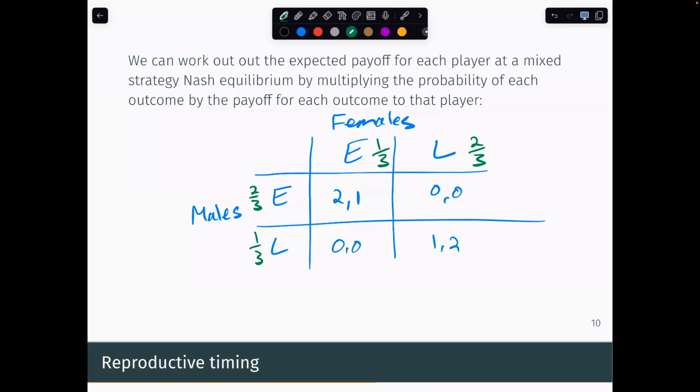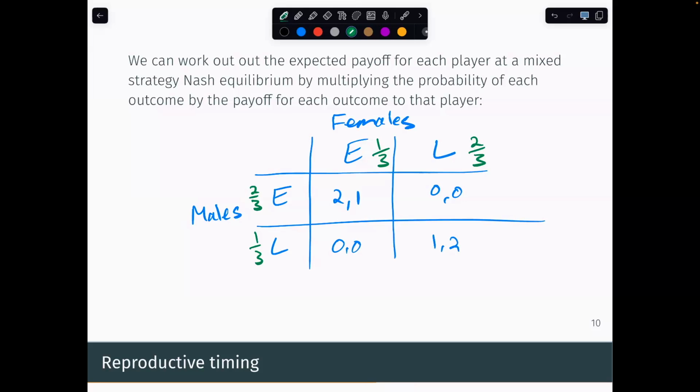So what's the probability that males and females both mate in the early season? Anyone? Repeat the question. What's the probability that males and females both mate in the early season?